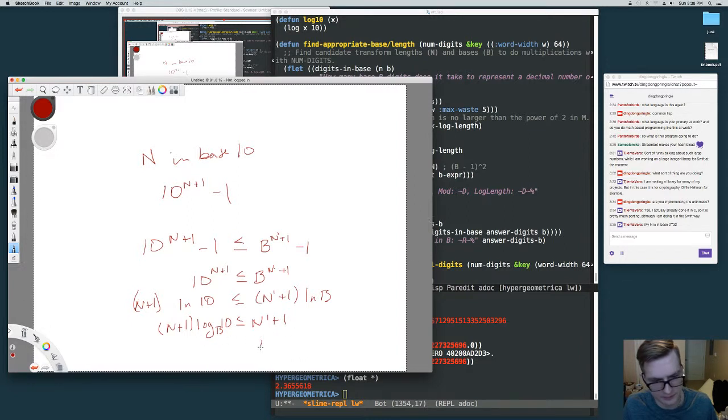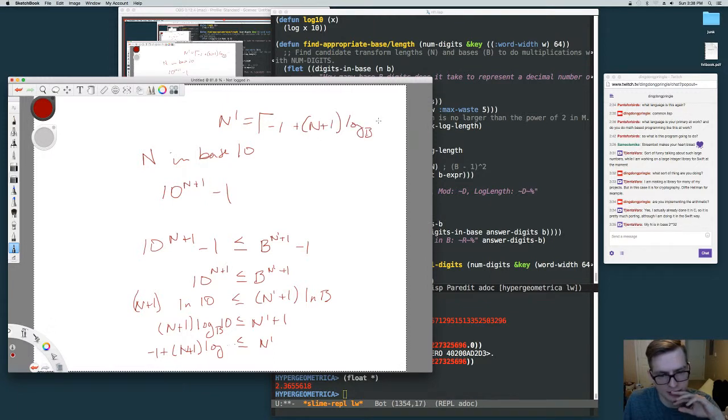So n prime should be greater than or equal to the same, negative 1 plus n plus 1 log... And if we take the, let's see, take the ceiling, yep, then we can say n prime equals the ceiling of negative 1 plus n plus 1 log base b of 10.